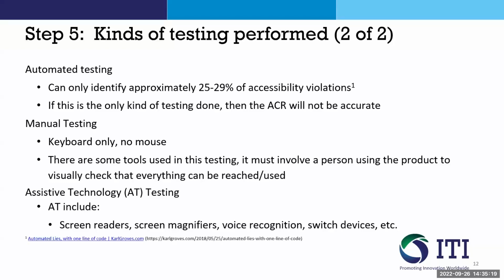An automated tool can find that you have alt text, but it can't tell you if the alt text is meaningful and describes the non-text content. So assistive technology testing is also a good thing to read about in that evaluation methods used section. Was it tested with a screen reader, with a screen magnifier, with voice recognition, with switch devices, etc.? So you just want to be mindful of how the vendor was testing for accessibility in the product as they were reporting.